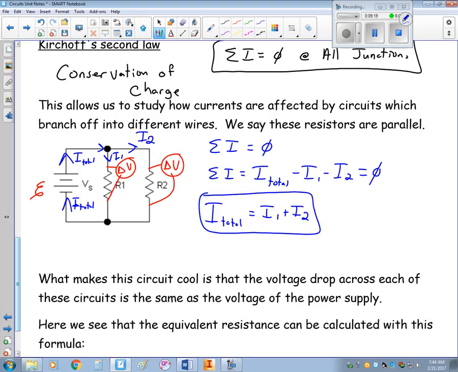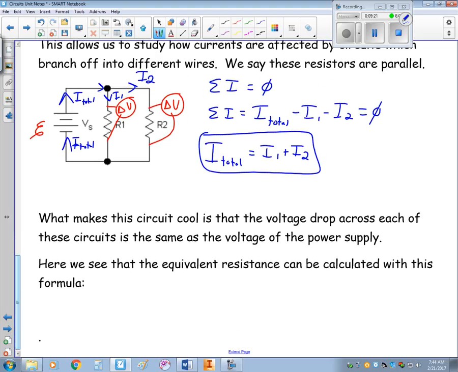Now, what's going to make this circuit cool is that the voltage drop across each of those resistors is the same. So you notice I did not put a 1 or a 2 beside the delta V's that I drew beside R1 and R2. That's because they're the same. And since there was no resistor before this junction, it's also going to be the same as the power supply.